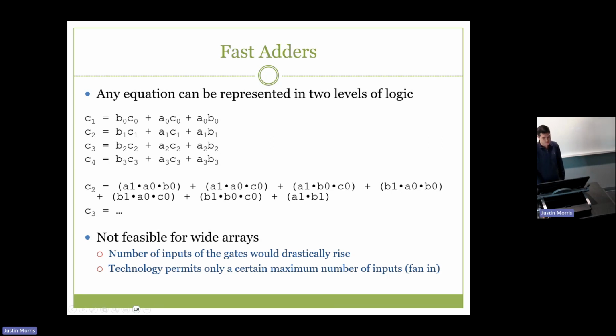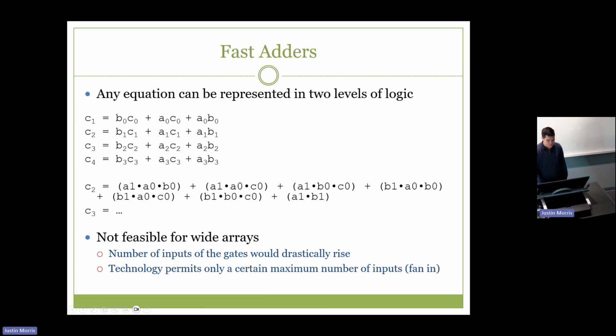And then if you take the equations and substitute them into each other, you get these longer equations, but they're still 2-level logic, right? So 2 gates. They just get a little bit wider as you go to the higher bits because they go from 2 input gates to 3 input gates, 4 input gates.